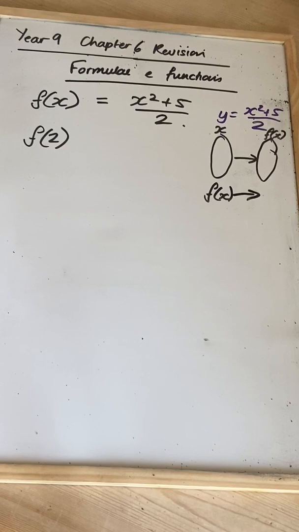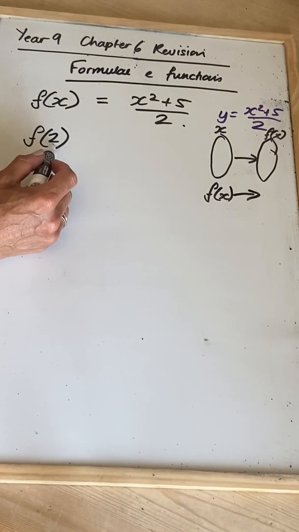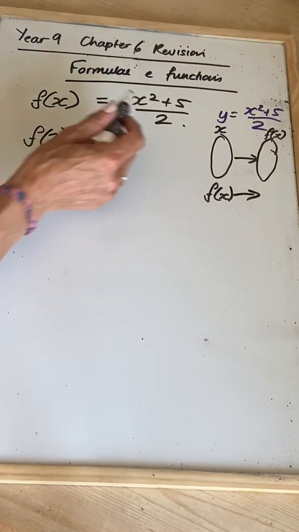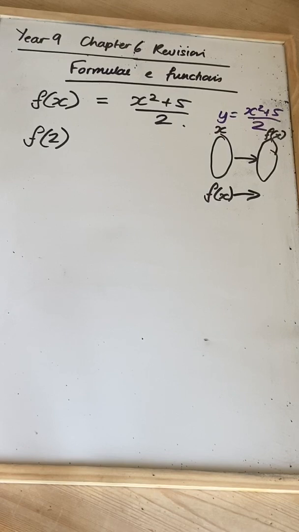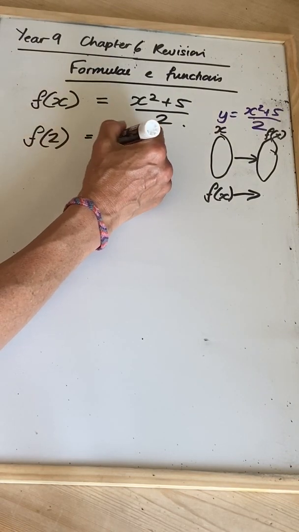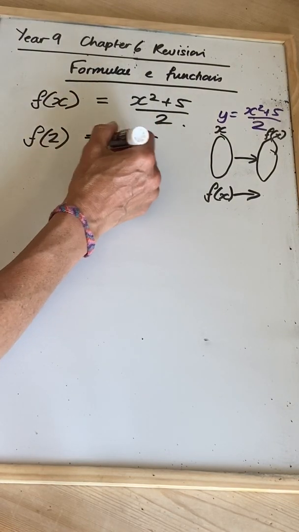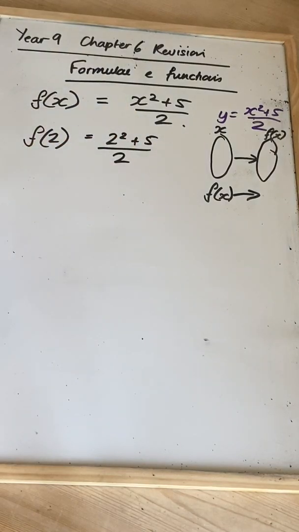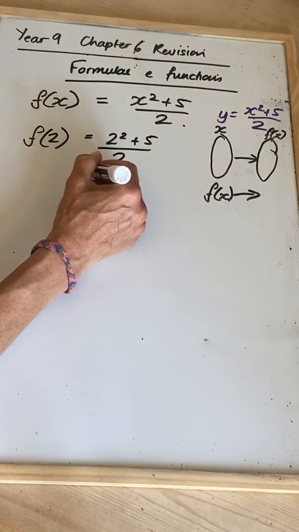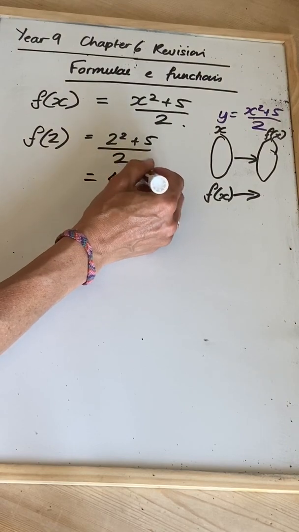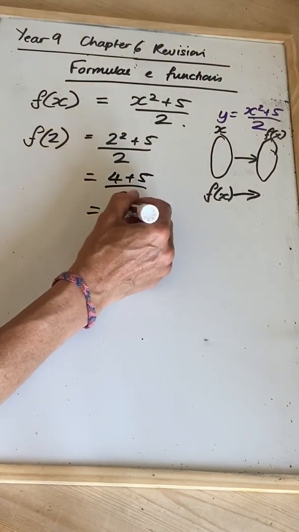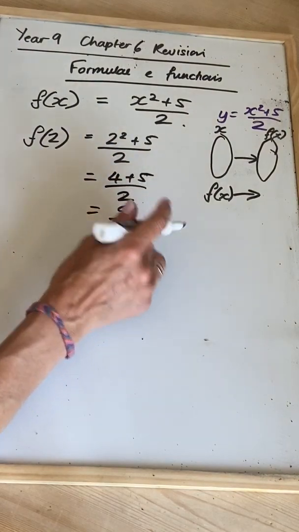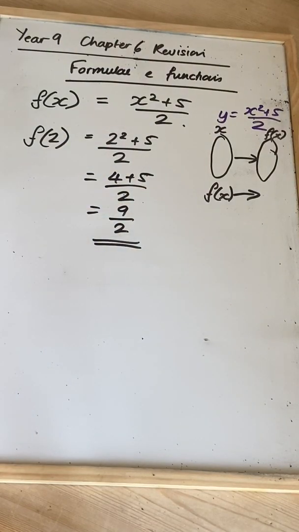Okay, so f of 2, what does that mean? That means wherever there's an x in our formula, we're going to put a 2. So that's going to give us 2 squared plus 5 over 2. We do the squaring first. 2 squared is 4 plus 5 over 2. That's going to give me 9 over 2, which is 4.5, but I'm just happy to leave it as 9 over 2.